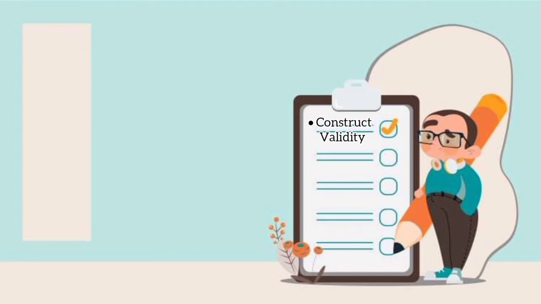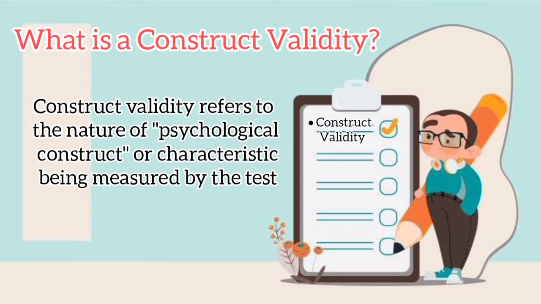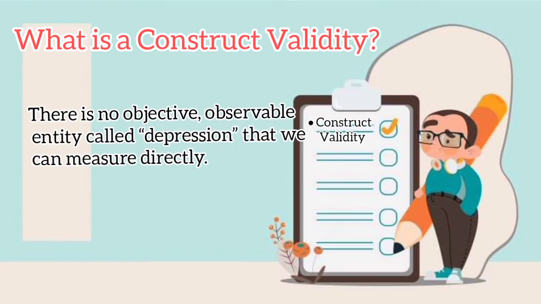So what exactly is construct validity? Construct validity refers to the nature of the psychological construct or characteristic being measured by the test. If we say psychological construct, we can't measure it directly, right? Because it's occurring in our mind, in our brain, and we can't see it. For example, there is no objective observable entity called depression that we can measure directly.